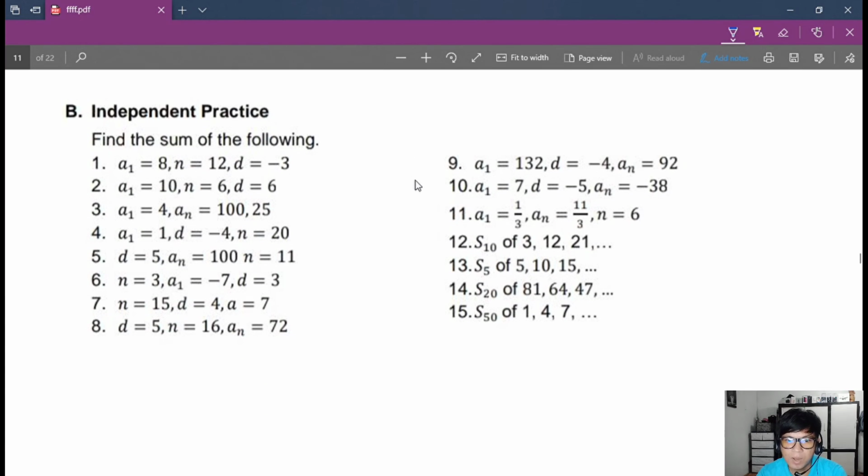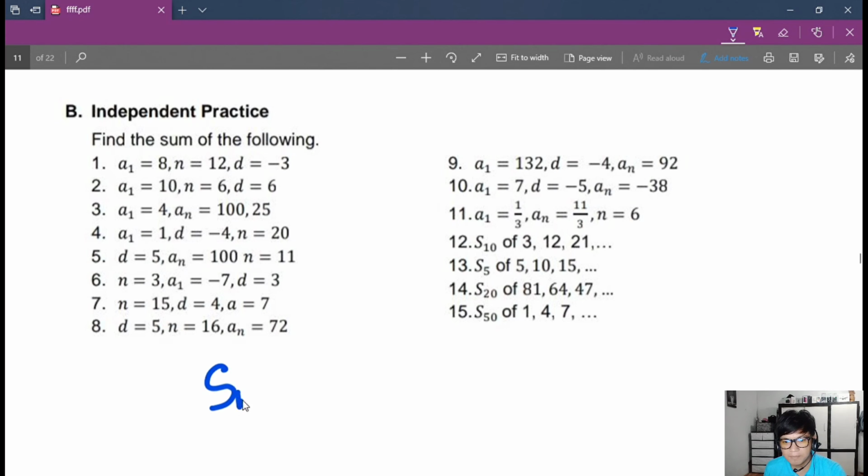Okay, for the last one, ito naman, this activity, the last one, gagamitan natin siya ng last na formula. Yung kanina. Ano ba yung last na formula na na-discuss natin kanina?